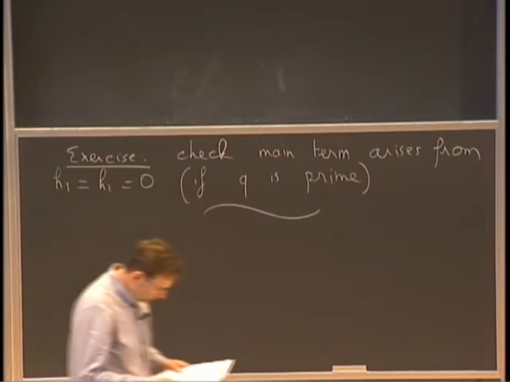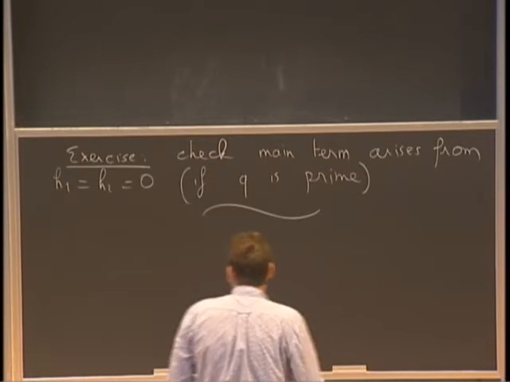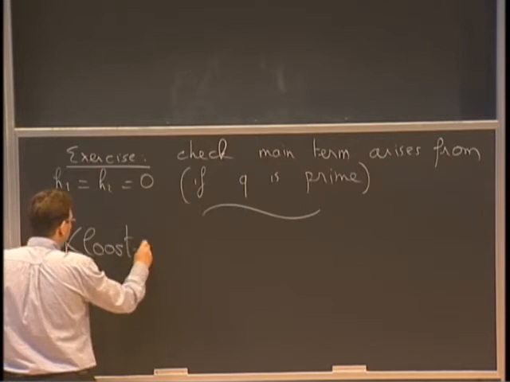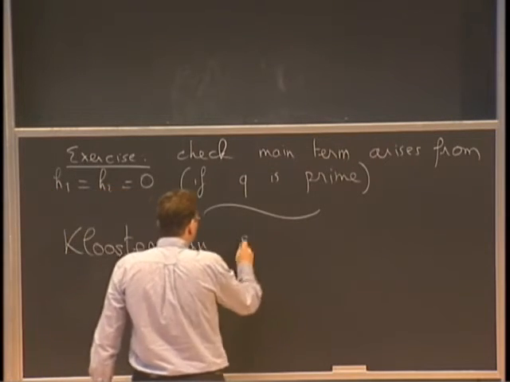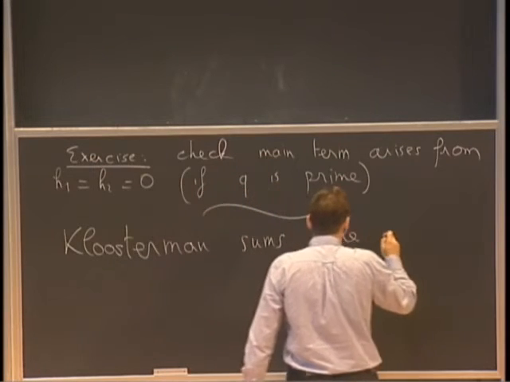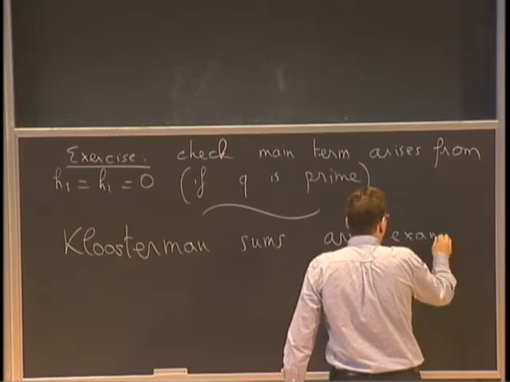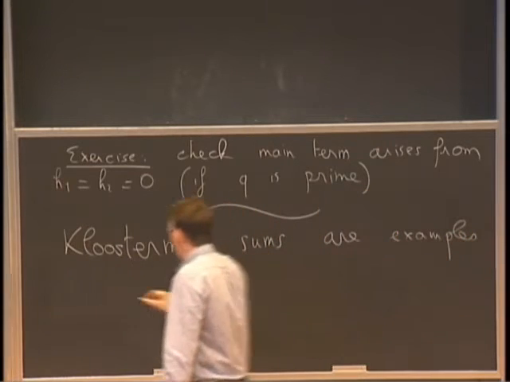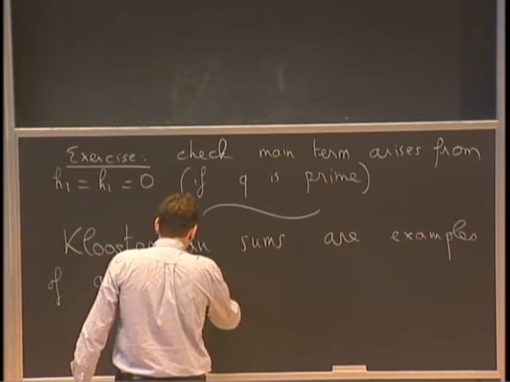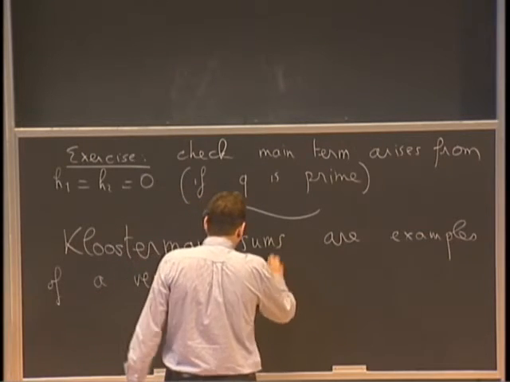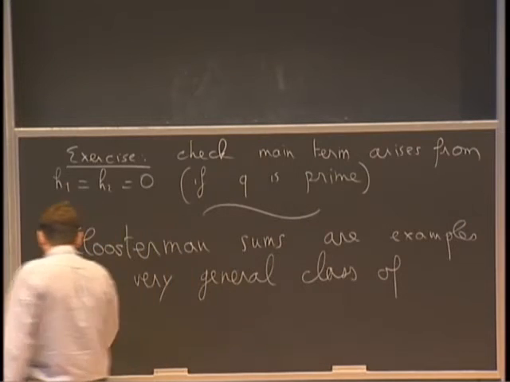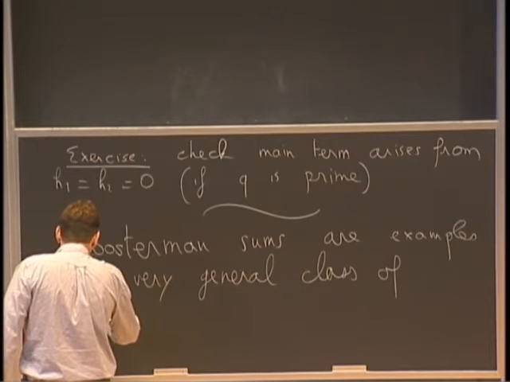Okay. So I'll come back to Kloosterman sums later. So just a few words now. So examples of a very general class of exponential sums for which we can prove this type of square root cancellation because they are related to algebraic geometry over finite fields.